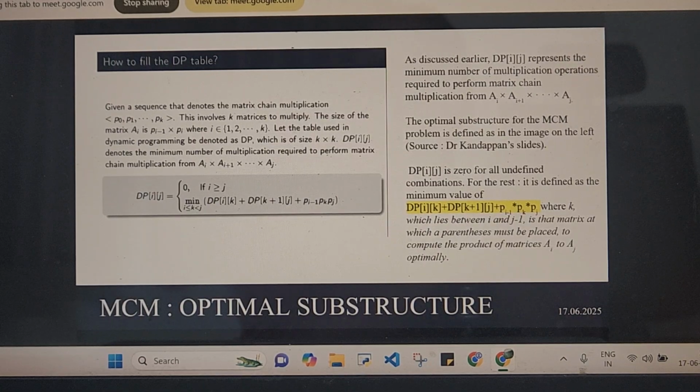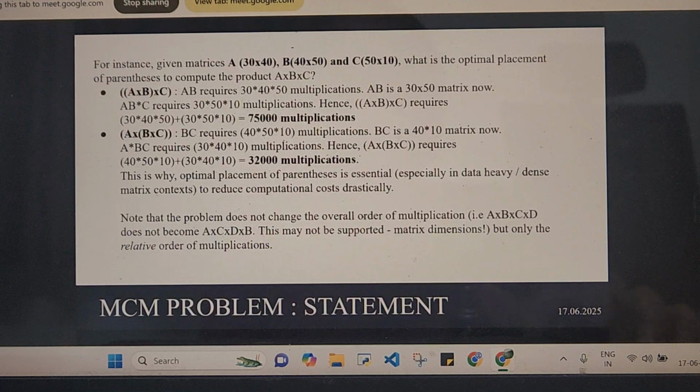So that's the first question, what K is supposed to represent. Now moving on to why K is given this specific range, I less than or equal to K less than J. Obviously because the matrices range from AI to AJ, K has to lie within there somewhere. And K cannot be equal to J, because if K equals J, then you are splitting after the Jth matrix, which means you are not doing any split at all. So if you take this A into B into C, if I say K equals 3, then I am putting a split here after C, which means I am literally not splitting anything.